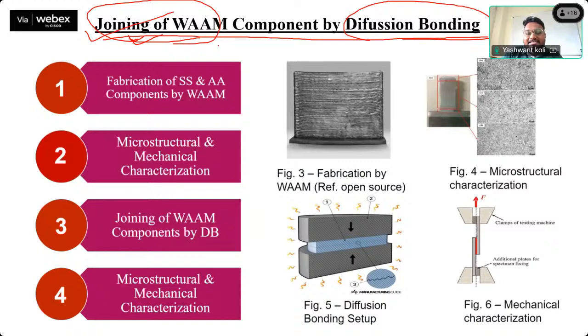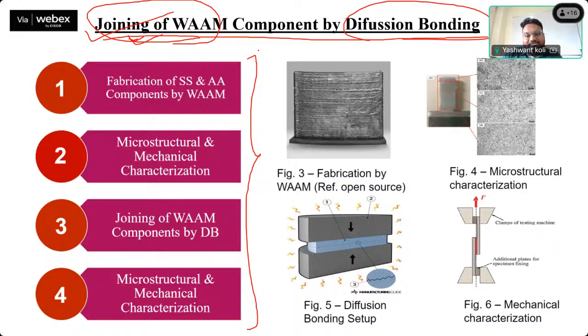The application of joining WAM components by diffusion bonding is in heat exchangers, where complex shapes can be fabricated easily. In this topic, nobody is doing research till now; only our research papers are there.